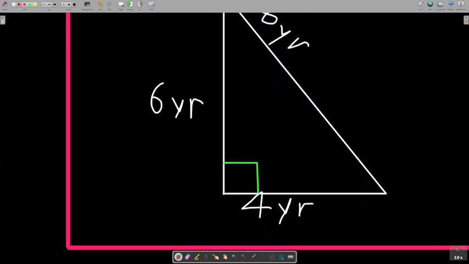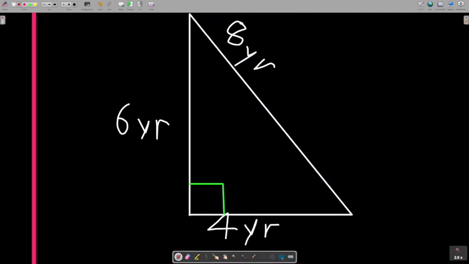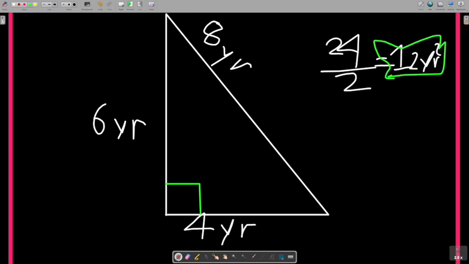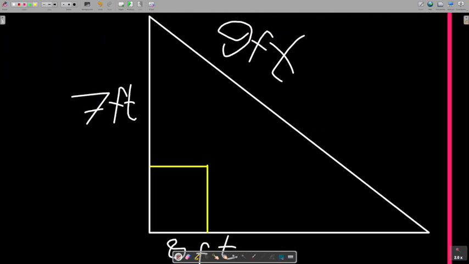Next we have this. So the base times the height, 4 times 6, that's 24 over 2, which is equal to 12. So the answer is 12 square yards. Let me highlight it. That's a weird shape, but that's alright.